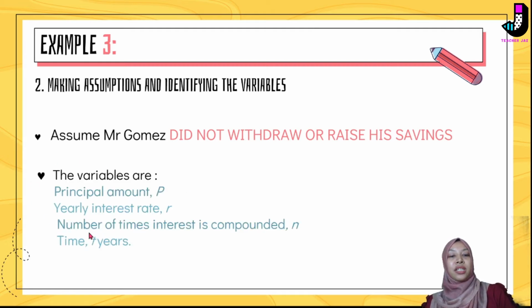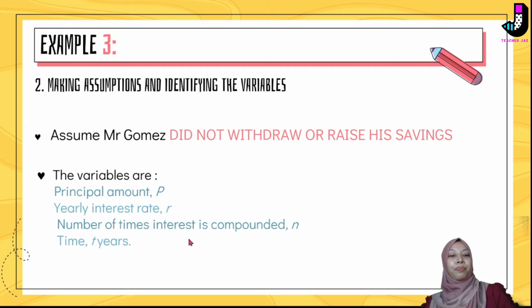So here are the variables involved. Principal amount, that is P. Yearly interest rate, we call it R. Number of times interest is compound, bermaksud berapa kali faedah tu diberi.